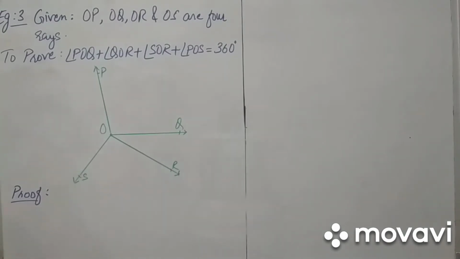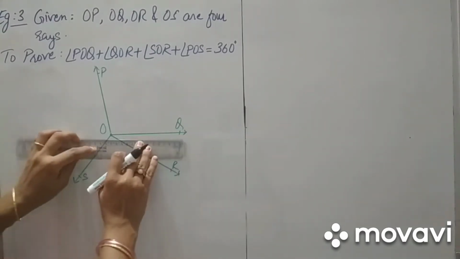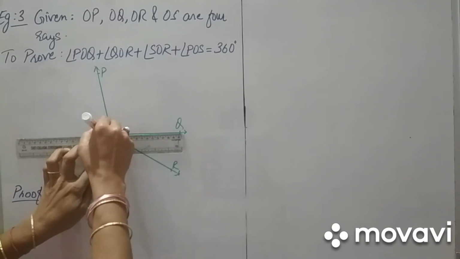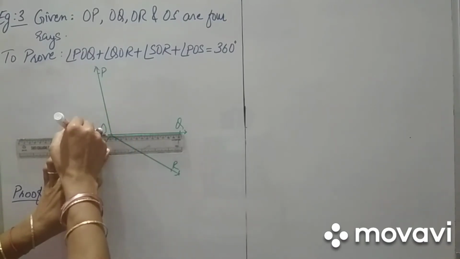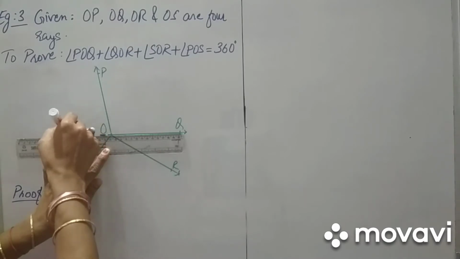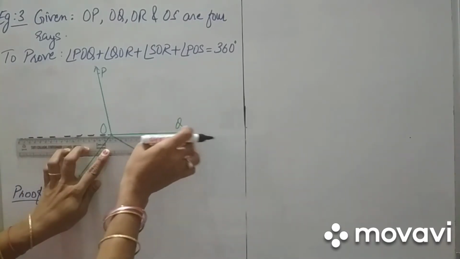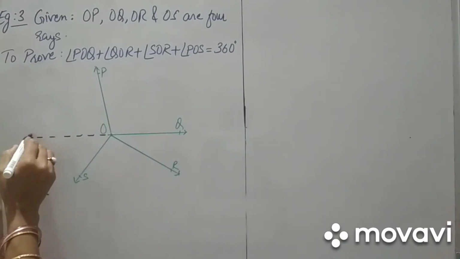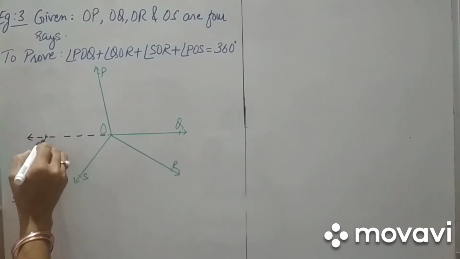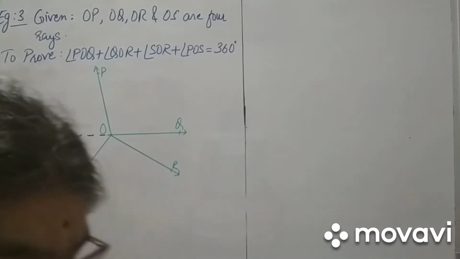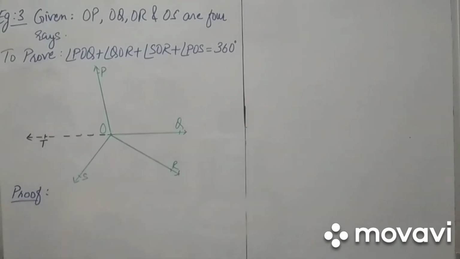Now, we produce the ray OQ up to T. This is the ray which we produce. What is the meaning of produce?